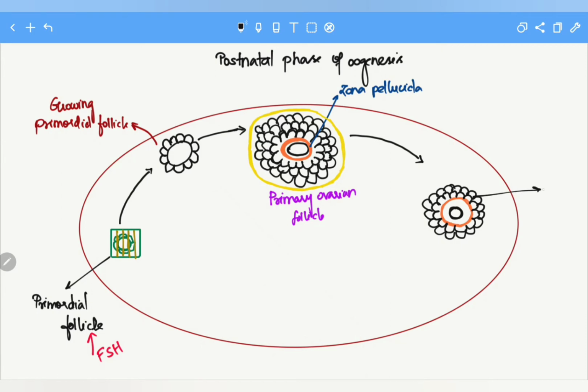These cells are called cumulus oophorus.